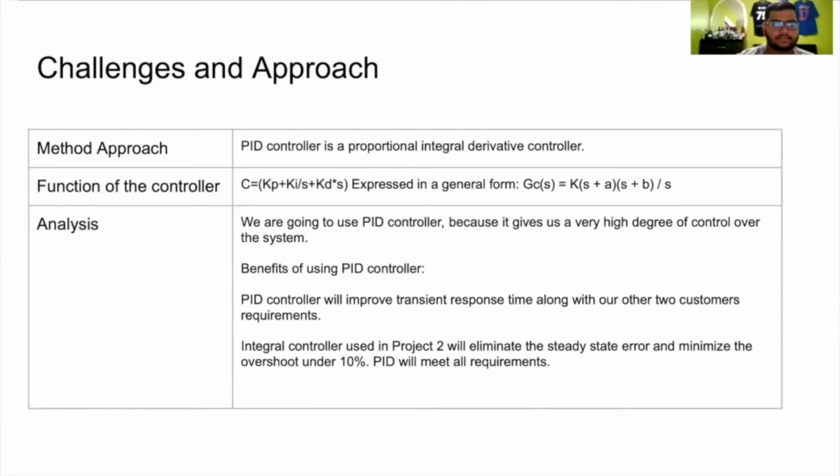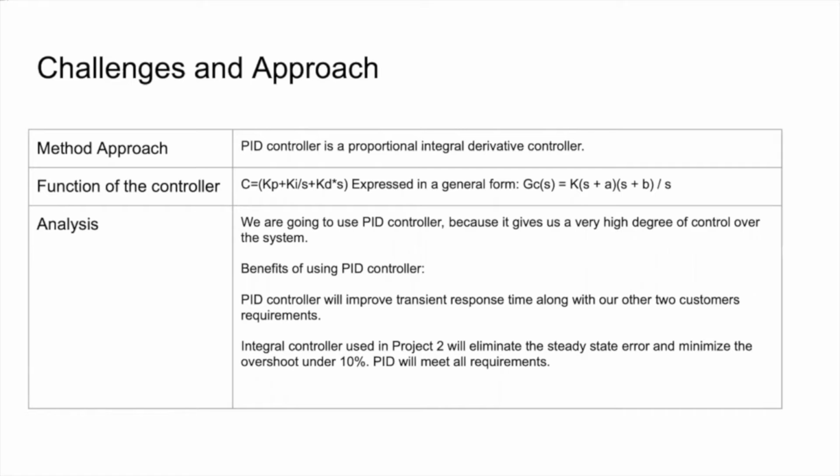You can see for our method approach, we used a PID. PID control is a proportional integral derivative controller, and the function of the controller is written below. Further in our PowerPoint, you can see the equation expanded more. We're going to use PID control because it gives us a very high degree of control over the system.